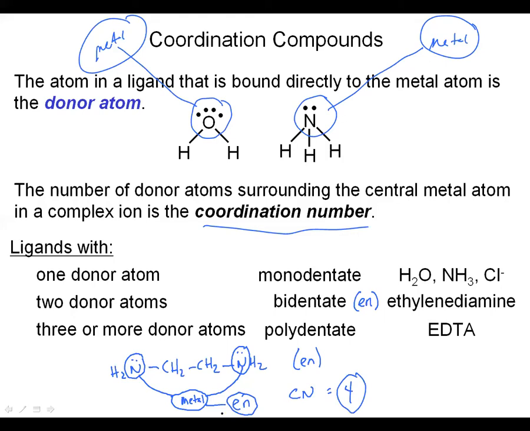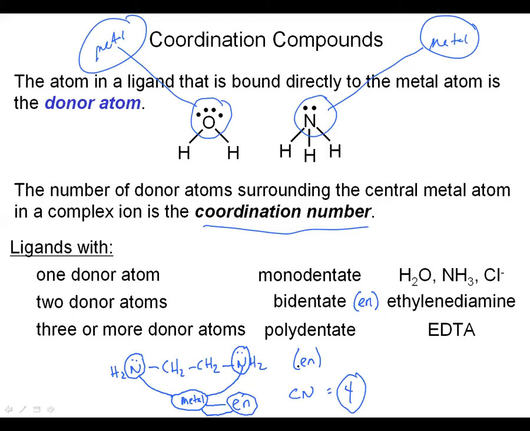I'll just draw the second line. So basically you have 1, 2, 3, 4 atoms, and they're all the nitrogen in this case that are attaching. And even though you have 2 of those molecules, the coordination number will actually be 4 because it's bidentate.